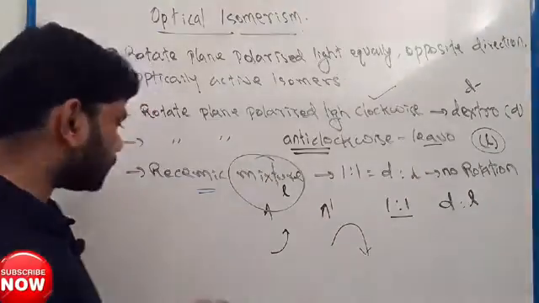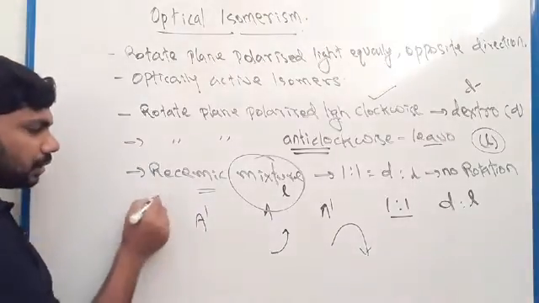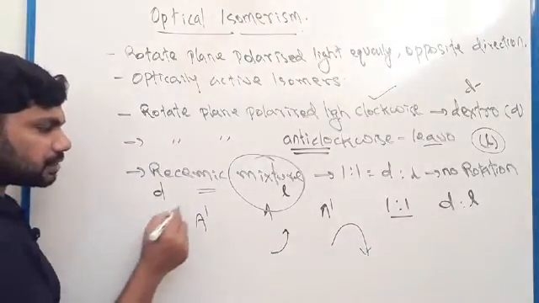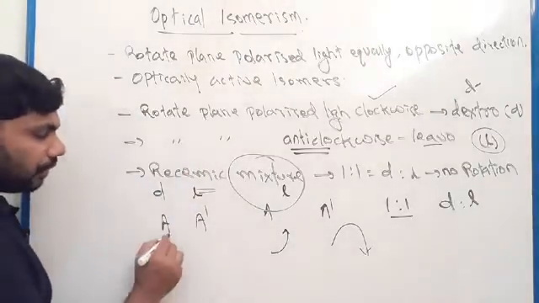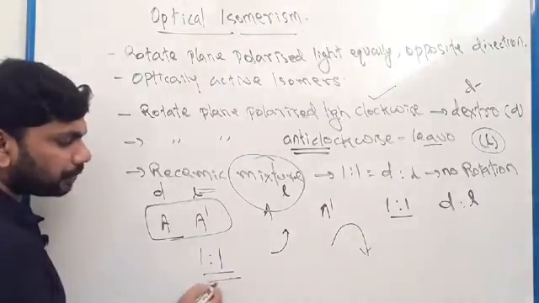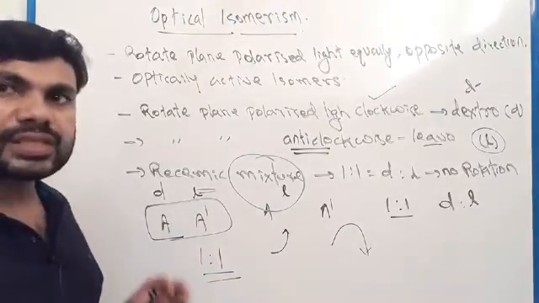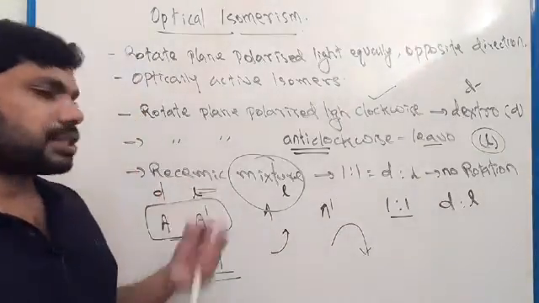So look here, imagine A and A dash. These are isomers. One is a dextro-rotatory substance and the other a levorotatory substance. When you mix both isomers in 1:1 ratio, such a mixture is called a racemic mixture.